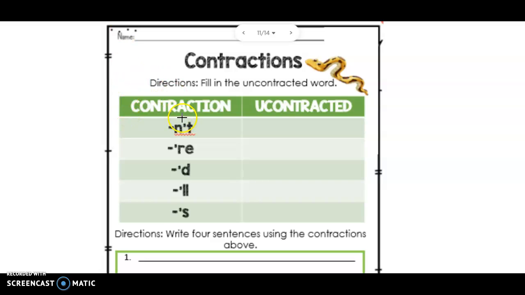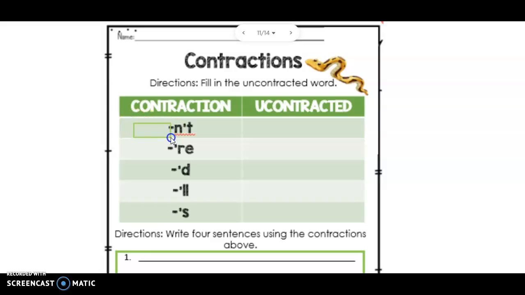Now, contractions are words that are shortened or contracted to make a word combine. So this little symbol right here, we call that a hyphen. That means that it attaches to a root word.